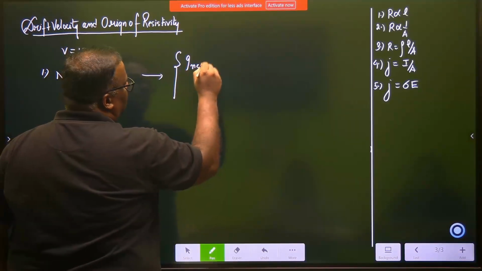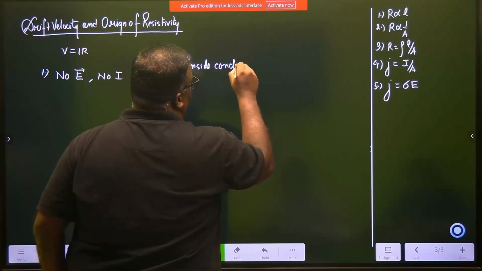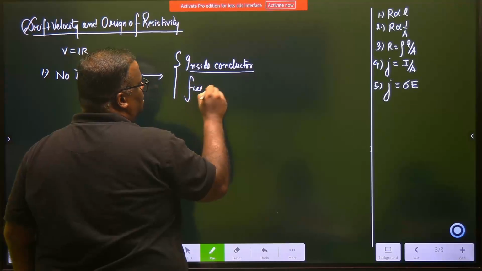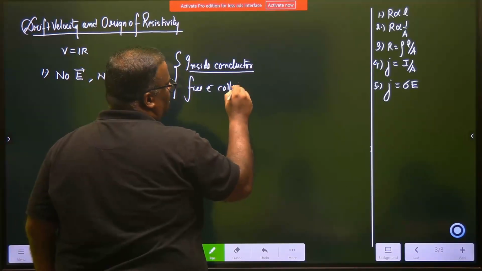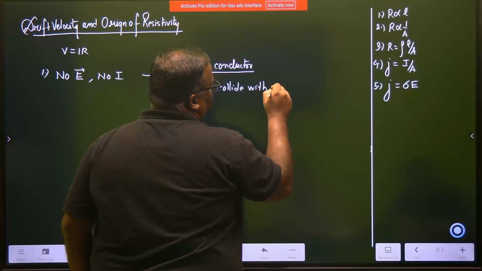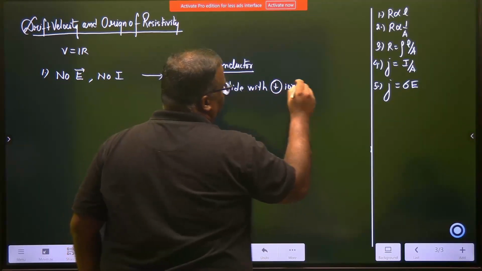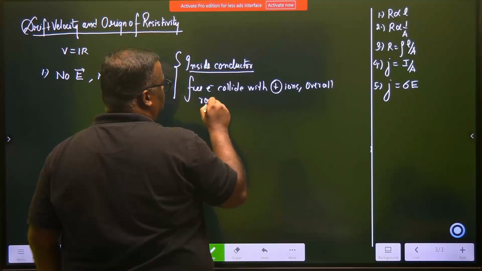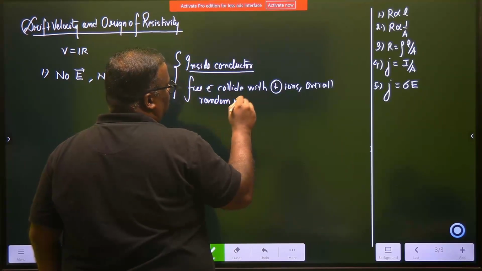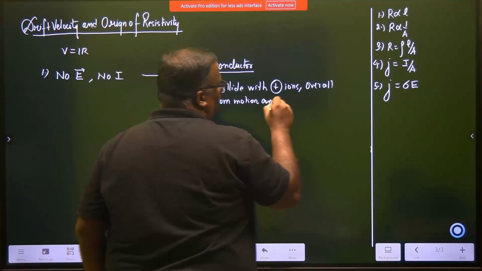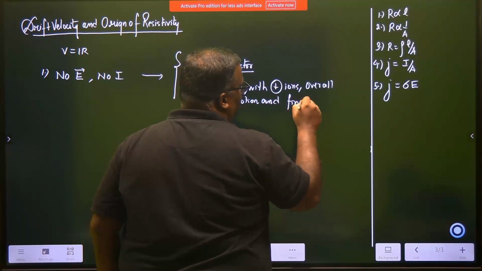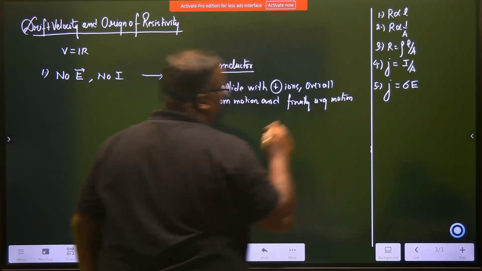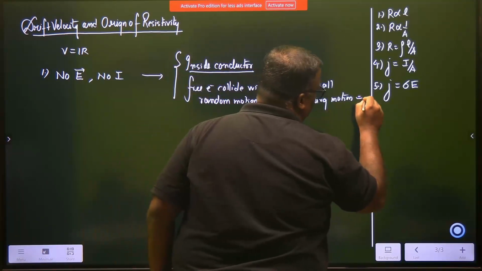Inside the conductor, we have free electrons. They collide with the positive ions, and overall it's a random motion, and finally the average motion is zero.